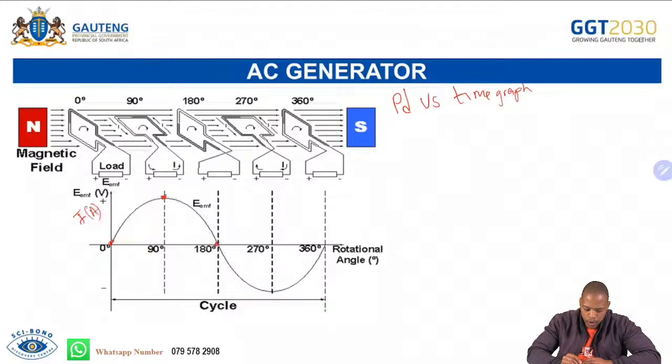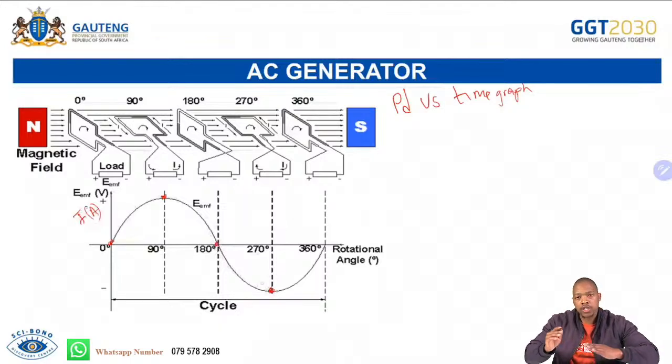And then because this is an alternating current, the current is changing direction. And when you go to 270 degrees, going to the other side, the current would have changed direction there. Now it will be producing the maximum negative EMF to the other side. And as it rotates through 360 degrees, doing a revolution, it will go back to what? To 0.